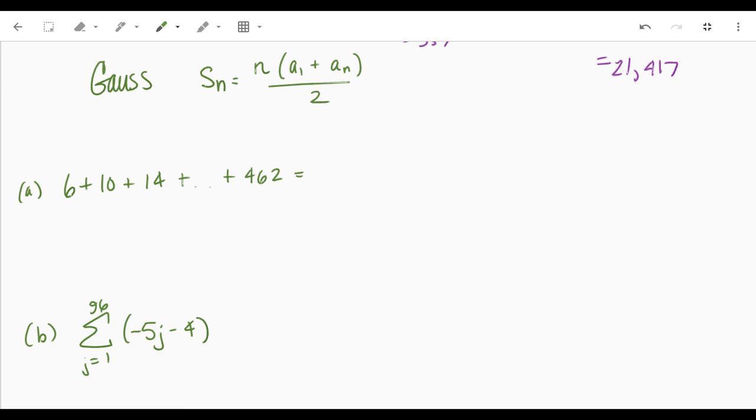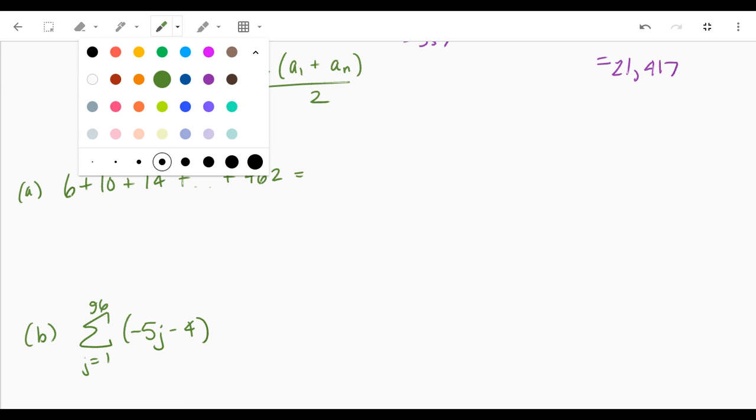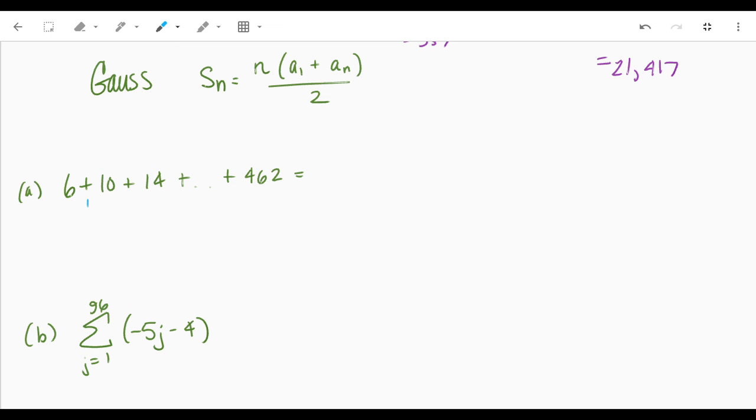So again, for the first one, we're adding 4, and going a distance of 436. So how many times did we add 4? Whatever 436 divided by 4 is. So 436 divided by 4 is 109. And then we have to add on that first term to get a total of 110 terms.